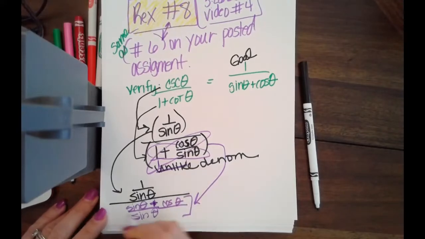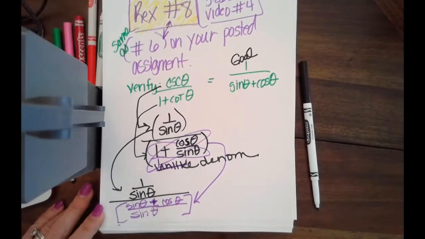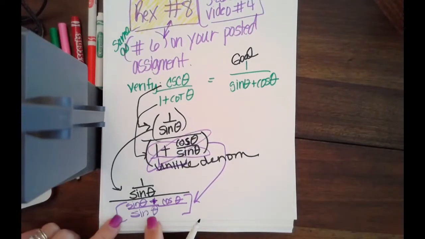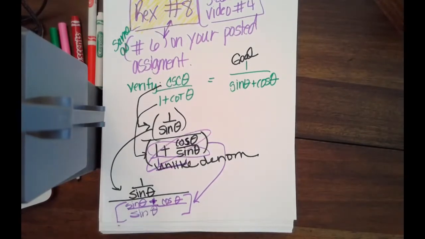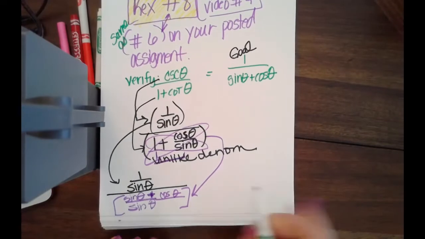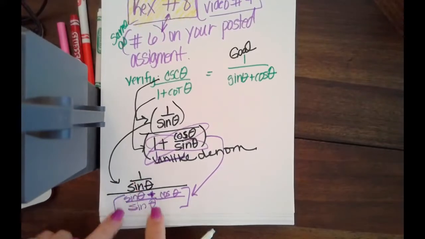Alright, so now I got this big honking fraction downstairs and that little fraction upstairs. Well, that doesn't matter because I can take this fraction down here, and you can look at it as one of 2 ways, guys. Y'all are in pre-cal, so one of 2 ways. You can look at it as a complex fraction, and you can say, I got a fraction inside of a fraction.